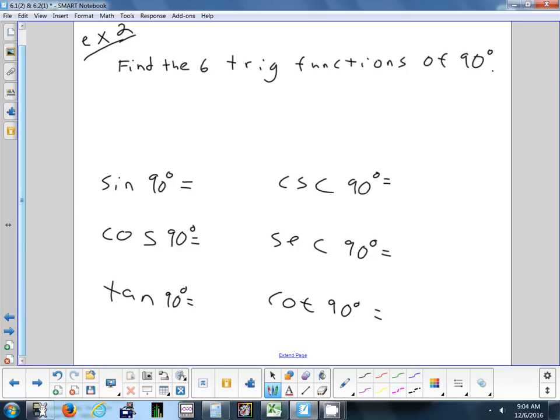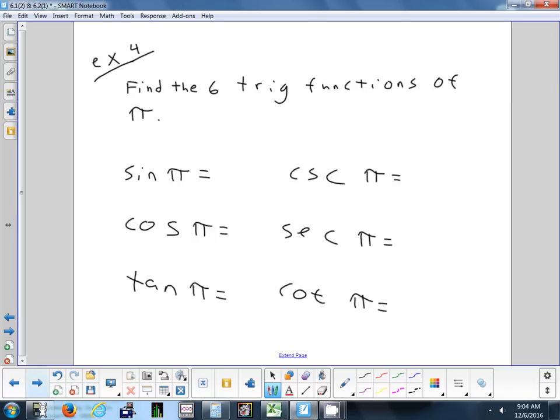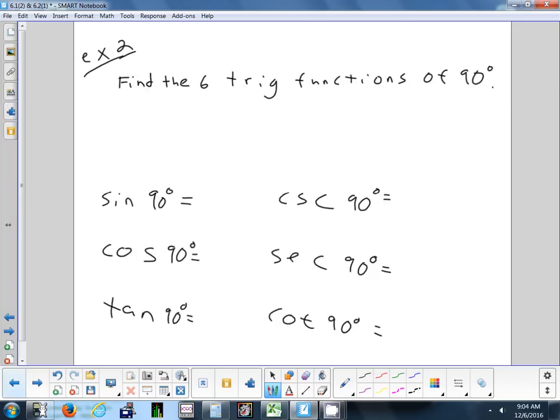Okay, and these last ones are pretty much the same. So let's try 90. What's different about this problem? What did I mention earlier? Okay, it's in degrees, but what's different about it from the previous two? You don't have the coordinate. So that's your first step.